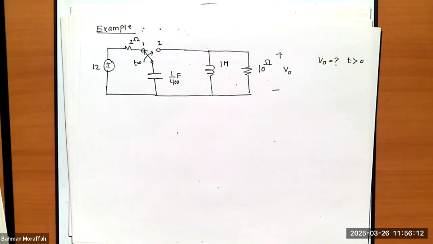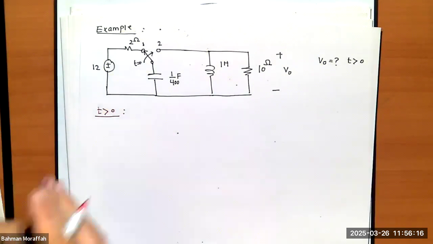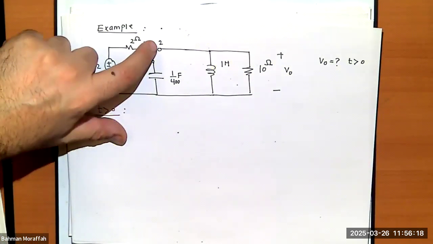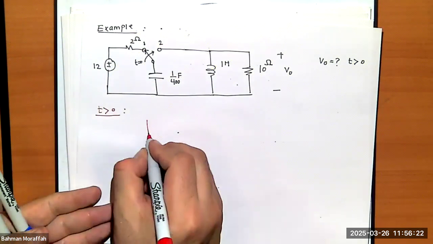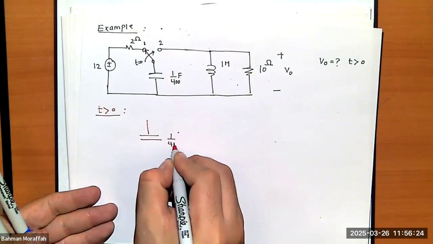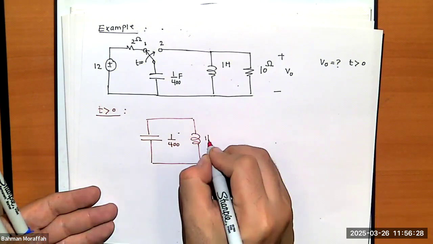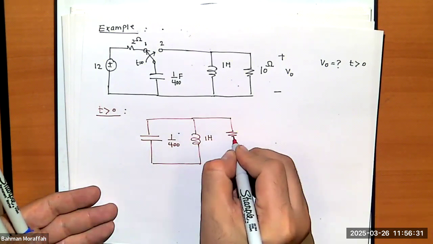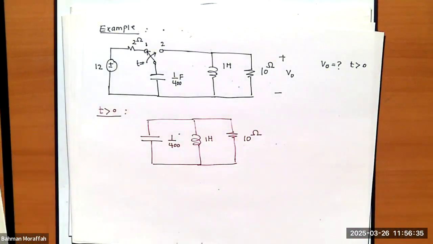So for time greater than 0, I know this switch is going to go to position 2. So my circuit would look like this: 1 Henry and 10 ohms. And the question is, what is this V out?